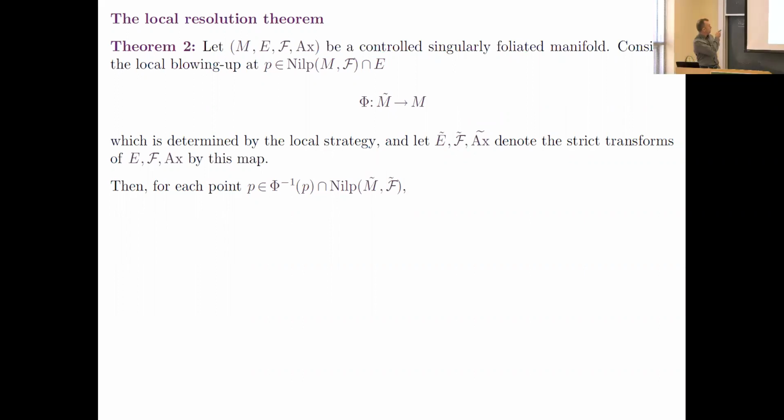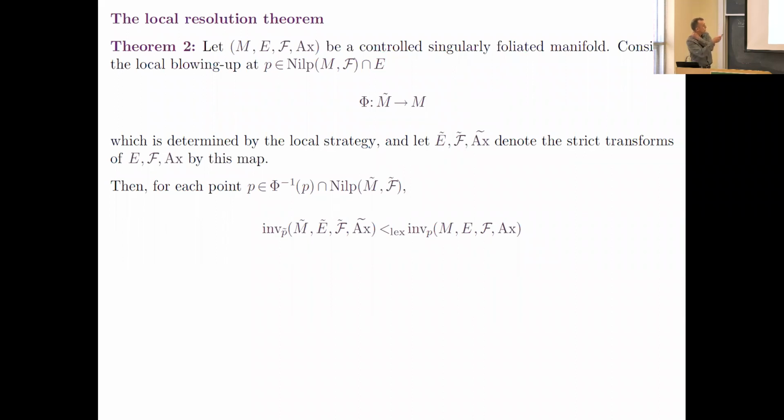So for each point p tilde, which is on the inverse image of p by phi, and which is also important, we have that the invariant strictly decreases lexicographically. Okay. So this is all that we could expect.